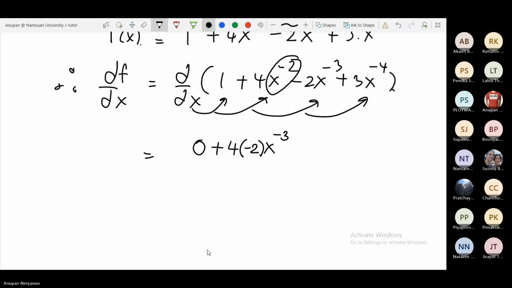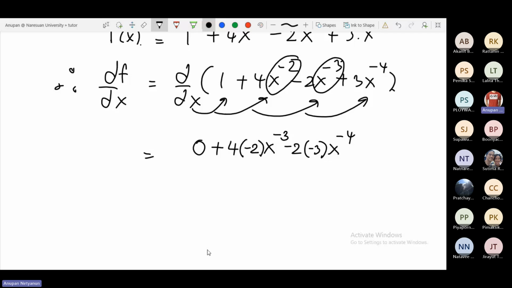Derivative distributes to the third term: negative 2 can come out. So you take the derivative of this one. You bring down negative 3 and reduce negative 3 by 1. You have negative 3, subtract 1 more, so even more negative, right? So you have negative 4.